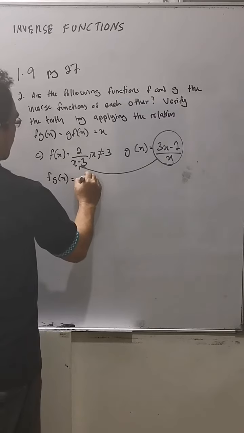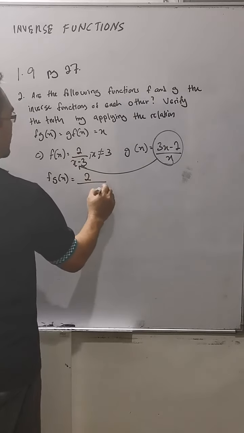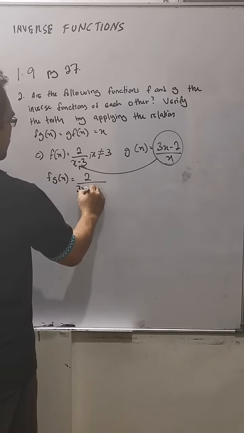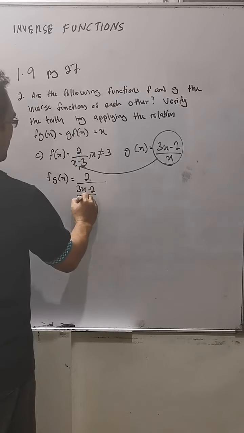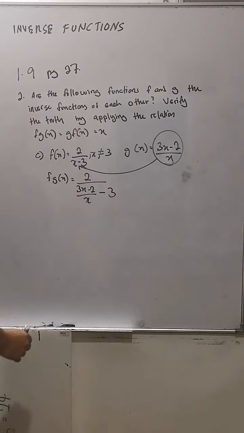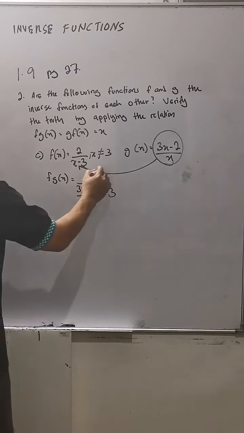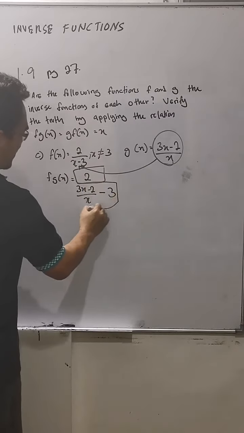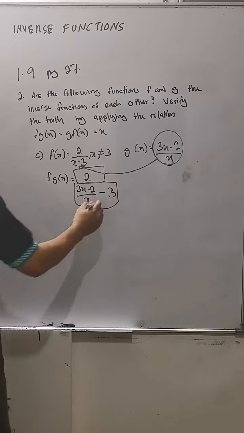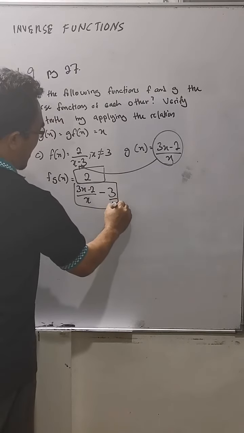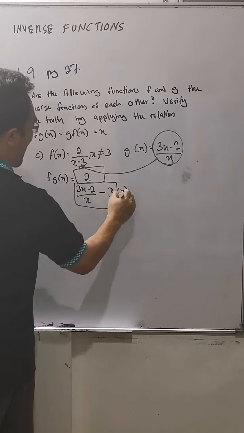So it becomes 2 over 3x minus 2 over x minus 3. Okay, so on the top here is one part. This is the denominator, the whole thing. So 3 is 3 over 1 times x, 3 also times x.